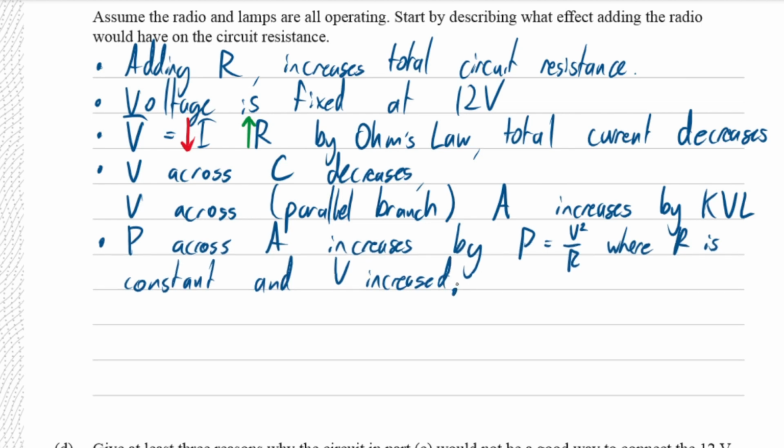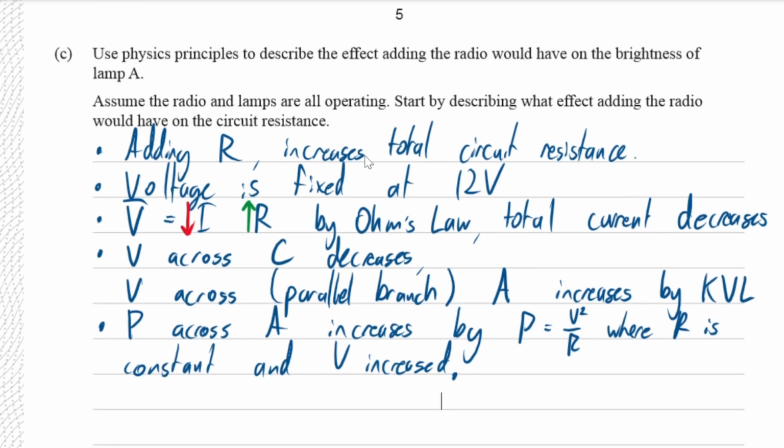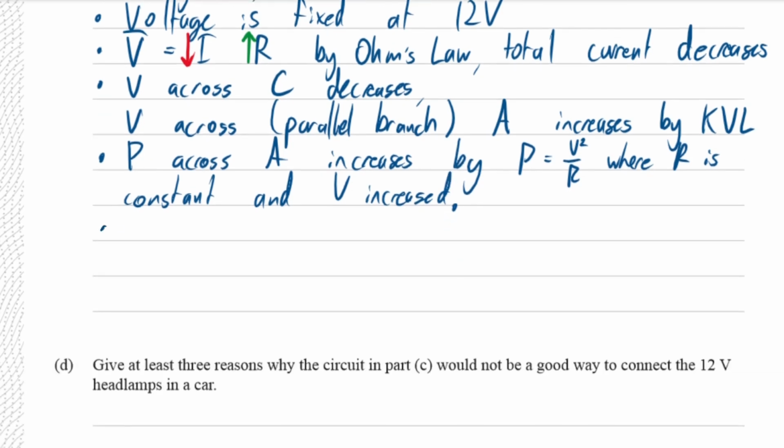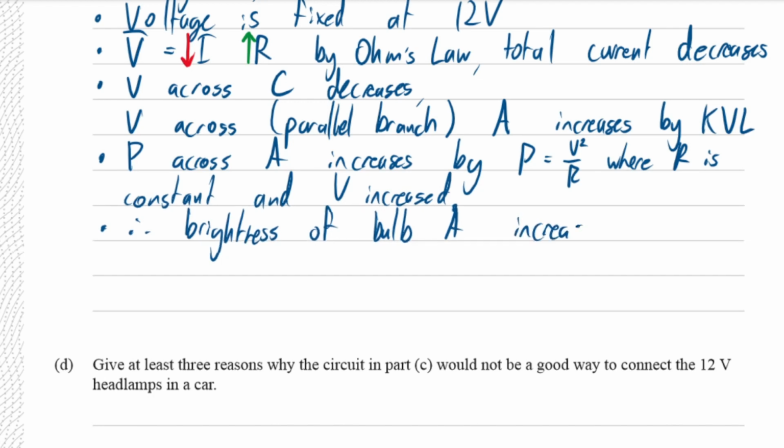Whew. And have we answered the question? It asks about the effect on the brightness, and I haven't used the word brightness yet. Final bullet point: therefore the brightness of bulb or lamp A increases.